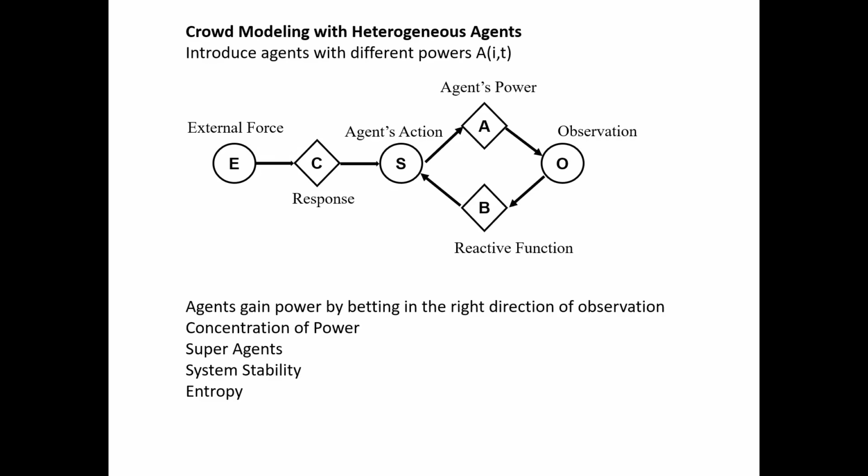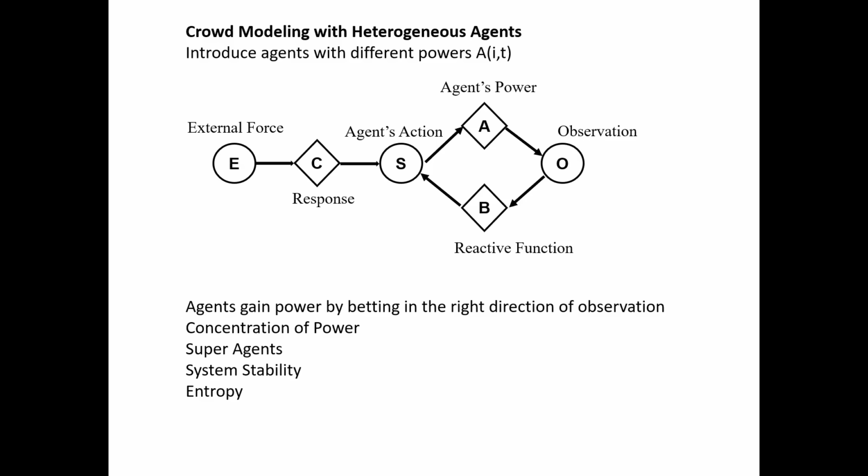So if we look at the feedback mechanism, we can derive that the agents with more power, in this case represented by A, varying over time, can gain more power when they bet in the right direction, when the observation shows their betting is in the right direction. So that's how the rich get richer.